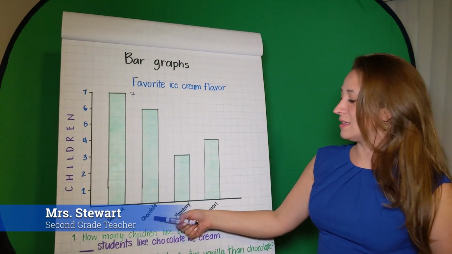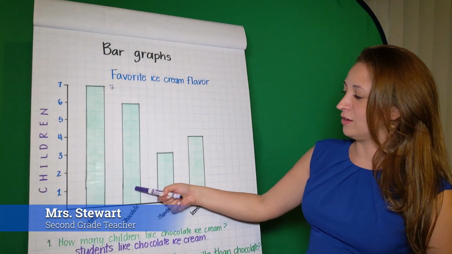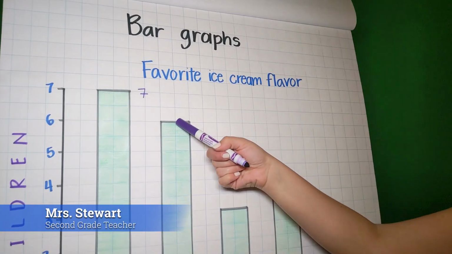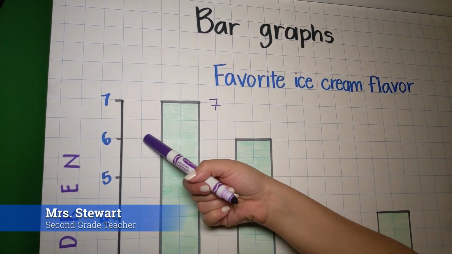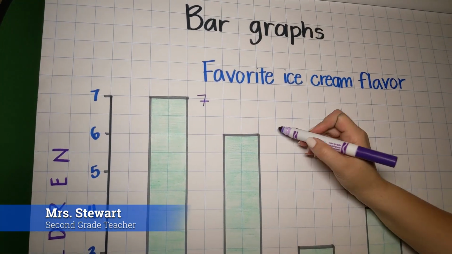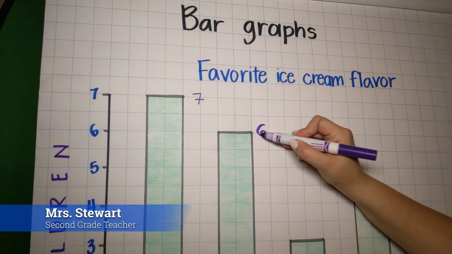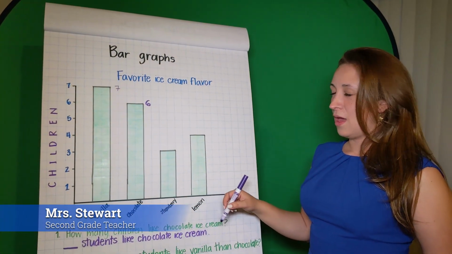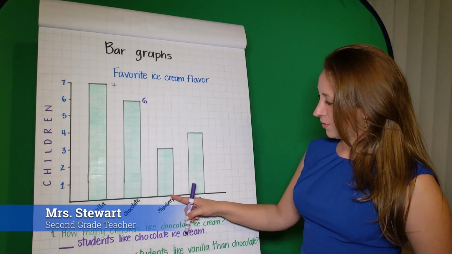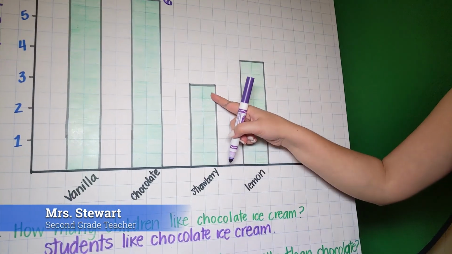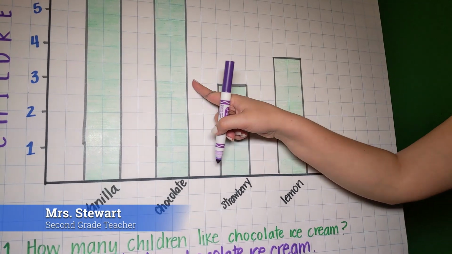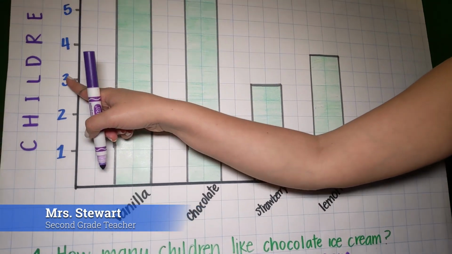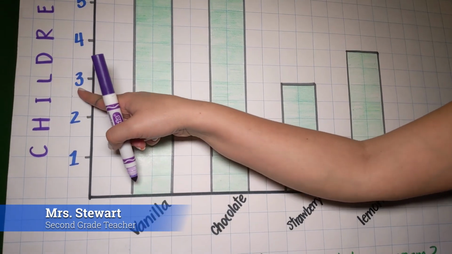How many students like chocolate? So if I look up here, I can see that the number is 6. And I'm going to write the number right here. For strawberry, we're going to check. If I go up to here and then look at the numbers, I see that there's the number 3.